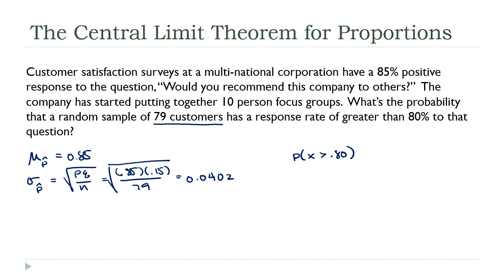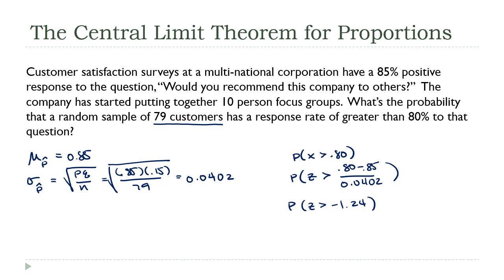So I know that this is the same as the probability that z is greater than 0.80 minus 0.85, that's my mean, divided by the standard deviation, 0.0402. Get your calculator out. This is the probability that z is greater than negative 1.24.